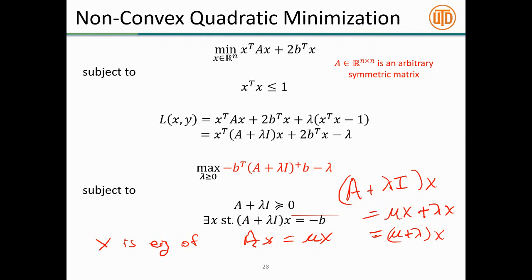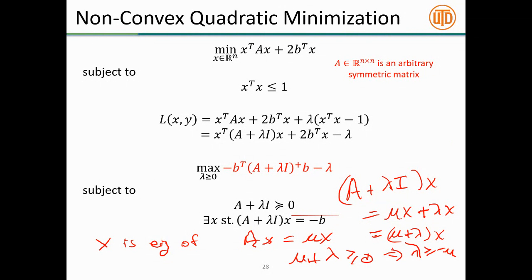We need mu plus lambda to be greater than or equal to 0, so lambda has to be greater than or equal to negative mu. And this should be true for all of the eigenvalues. So as long as lambda is greater than the negative of the smallest eigenvalue, the matrix will be positive semi-definite.